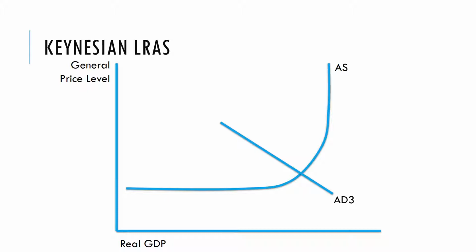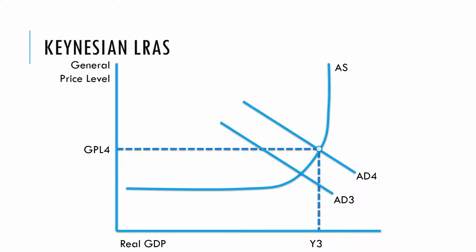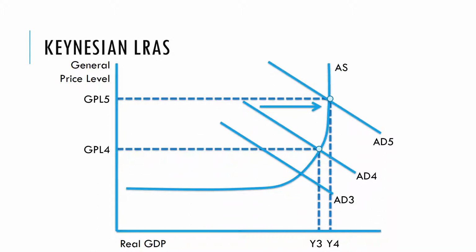If we now imagine that aggregate demand is greater in the economy and our level of output is closer to the full employment level of output, subsequent increases in aggregate demand lead to smaller increases in GDP and bigger increases in the price level, to the point where we reach the perfectly inelastic point of the long-run aggregate supply curve. Any further increases in AD would only serve to increase the price level further.